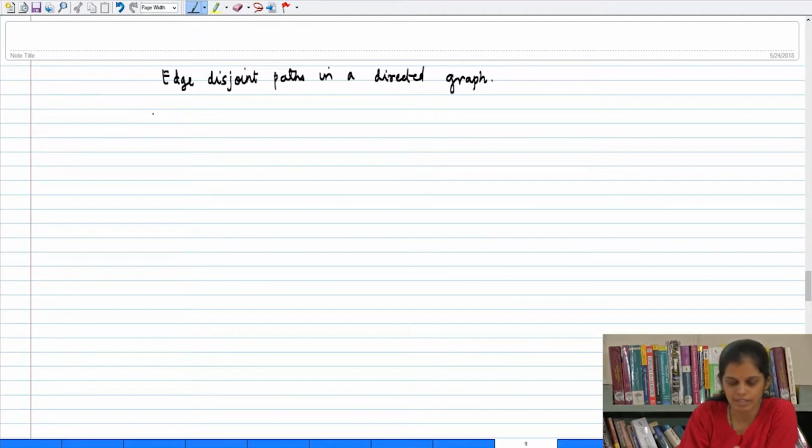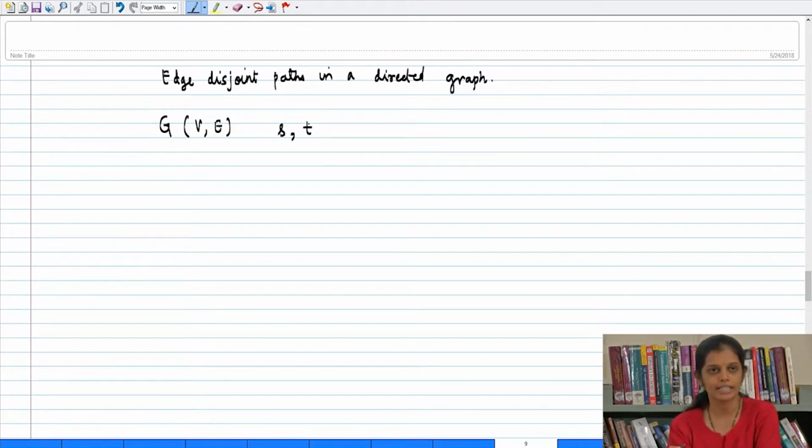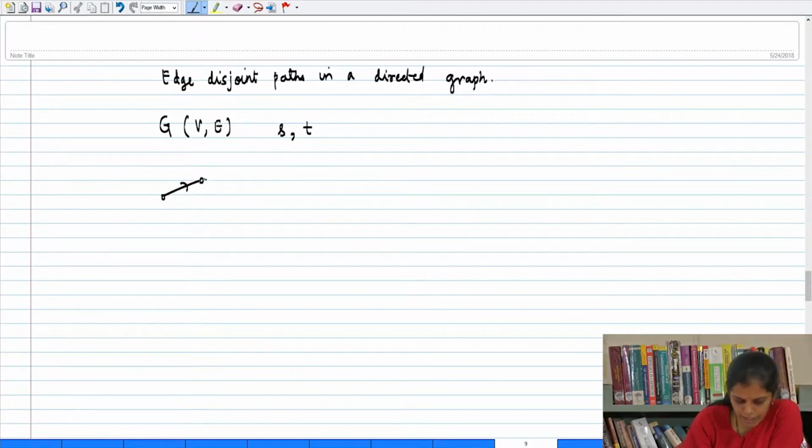So let me state what is the input to our problem. The input is a directed graph G(V, E), and we are given a designated pair of vertices S and T, and our interest is in computing paths from S to T which are edge disjoint, right. So the graph need not be bipartite anymore.